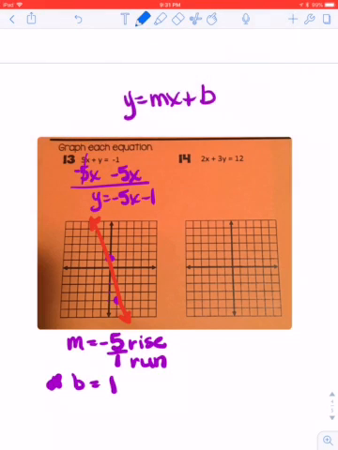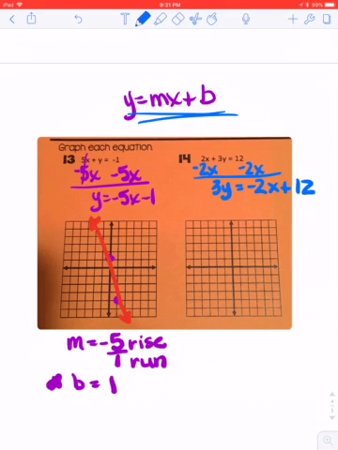Okay, let's keep going on 14. Same thing, I've got to get it in this form. So I'm going to subtract 2x. So I have 3y equals negative 2x plus 12. And then divide by 3. So those cancel. I'm left with y equals negative 2/3 x.